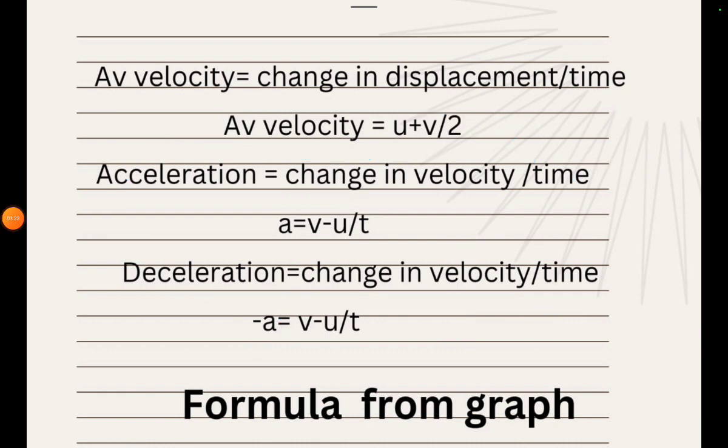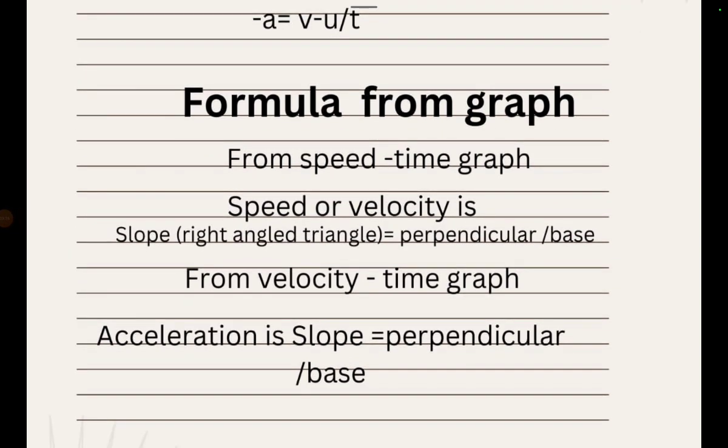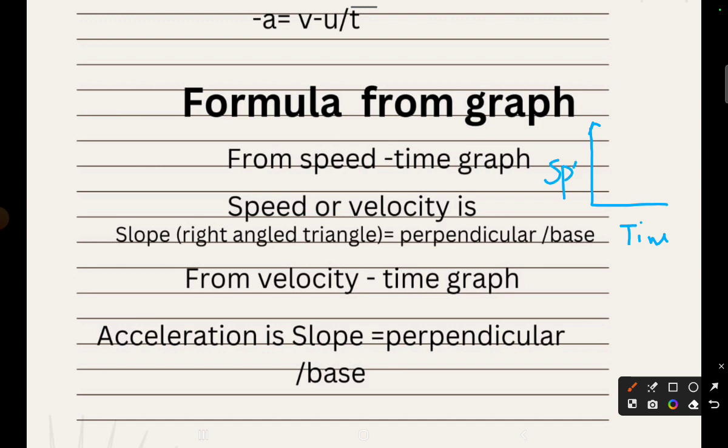Now for the chapter motion, some of the calculations are also done by graph. For formulas to be derived from the graph, for the speed time graph, time is taken on the x-axis and speed or velocity is taken on the y-axis. When we are finding this, we use the right angled triangle, perpendicular upon base.